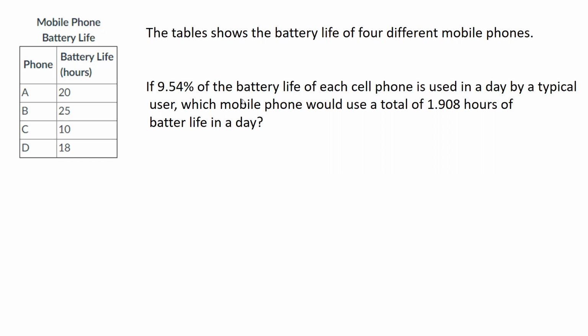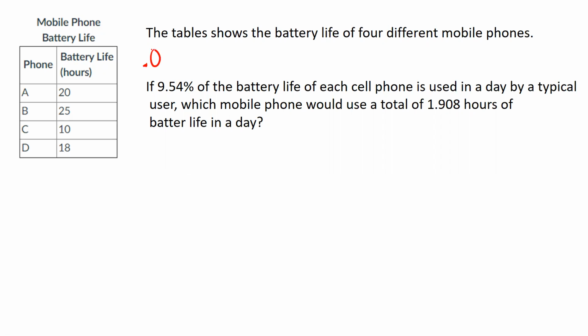All right, so basically you're just going to turn your percentage into a decimal. So how do you turn percentages into decimals? You move your decimal 2 places to the left, 1, 2.